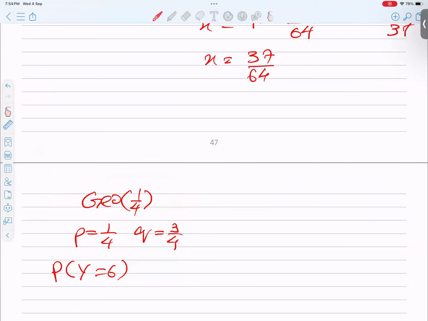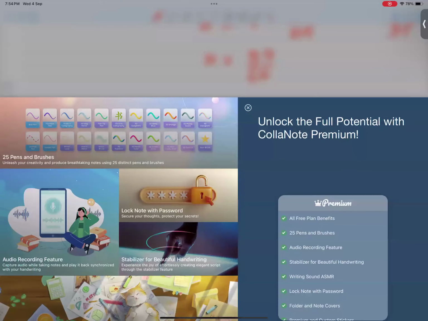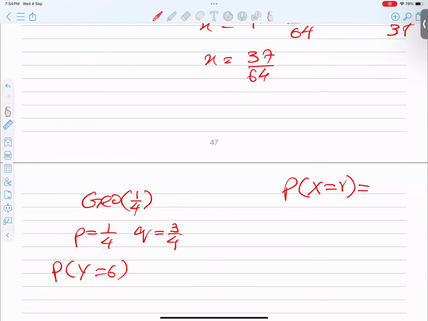Now, what is he asking for? At x equal to r, we have the formula q to the power r minus 1 into p. This formula is used for geometric probability, and here y is 6, so x will convert into y. Let's solve it. q is 3 by 4, so 3 by 4 to the power 6 minus 1, which is 5, into 1 by 4.